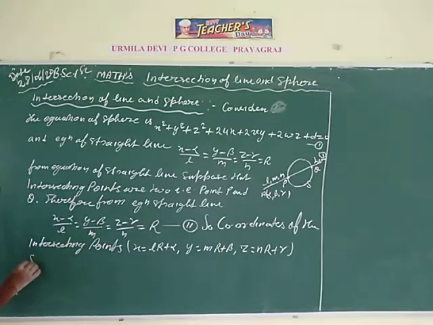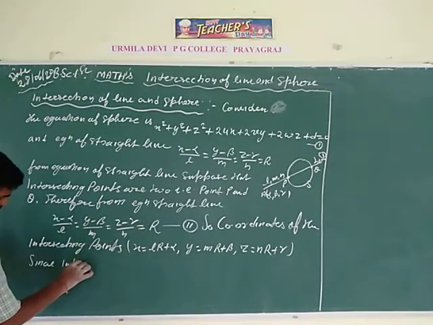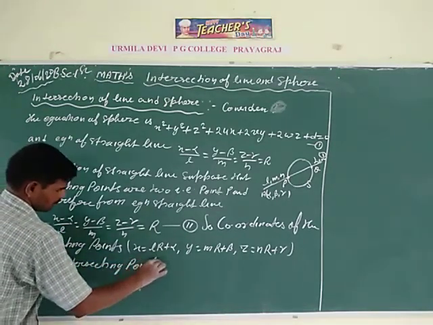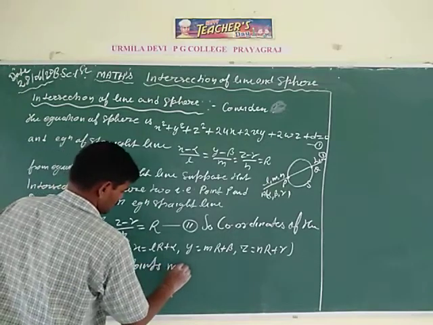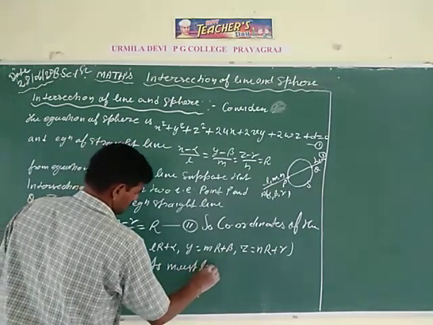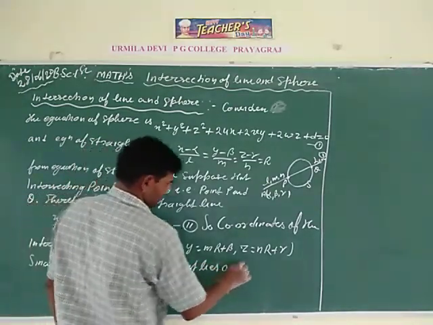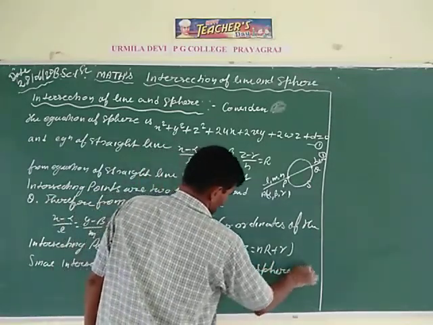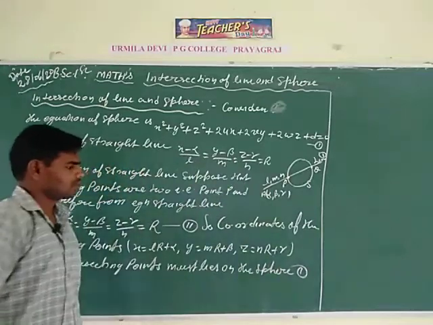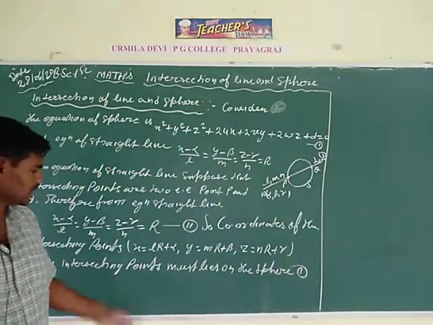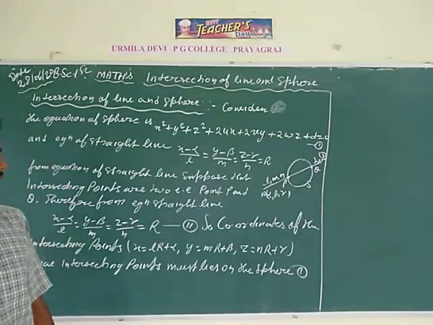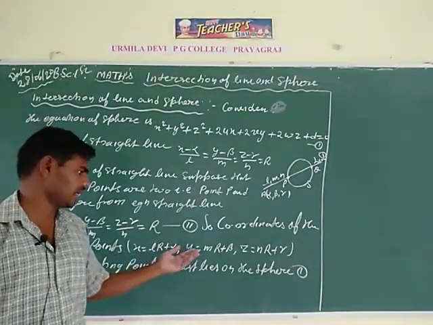Therefore, the intersecting points must lie on the first sphere. So you know that if any point satisfies any equation, then x, y and z are replaced by the given values of x, y and z.